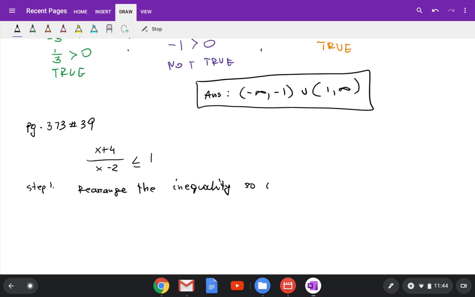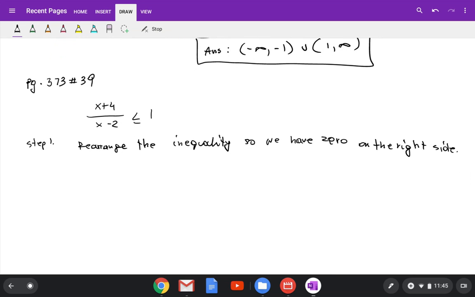So we have 0 on the right side. Okay. So to be able to get 0 on the right side, we'll need to subtract 1 from both sides.